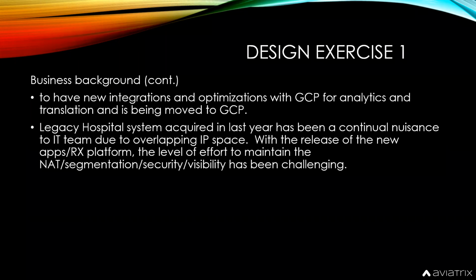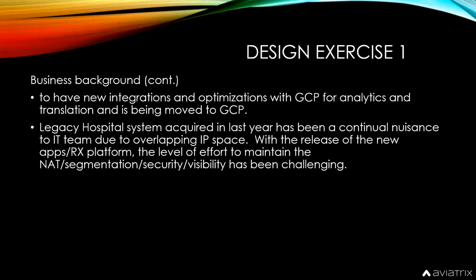One of the last requirements is that there's also a legacy hospital system that was acquired by Excelicare in the past year. It's been a continual nuisance for the network team, who have had to do a lot of manual effort to get connectivity in place, because it's like an M&A gone wrong with overlapping IP addresses.